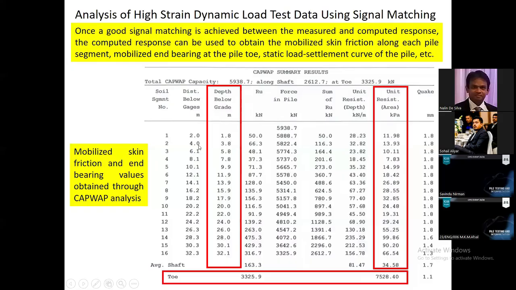And for each segment, you can see the mobilized skin friction value, quake values, force, the ultimate skin friction values. Likewise, all these records can be obtained. And by analyzing the toe response, you can get the mobilized toe end bearing value.